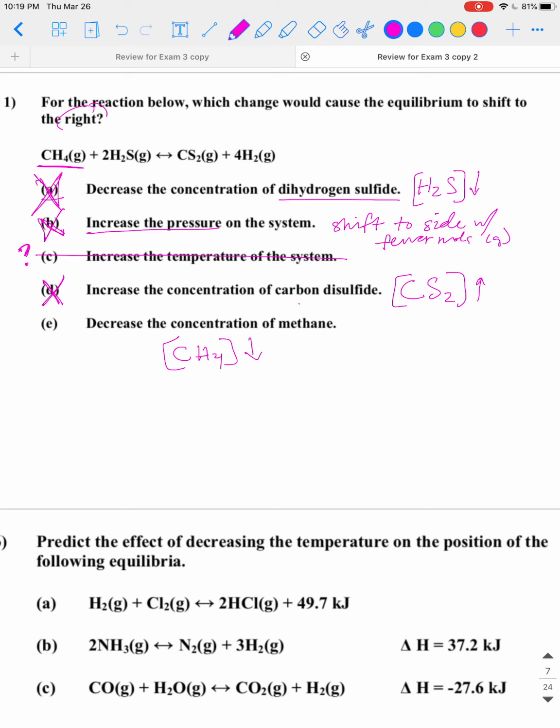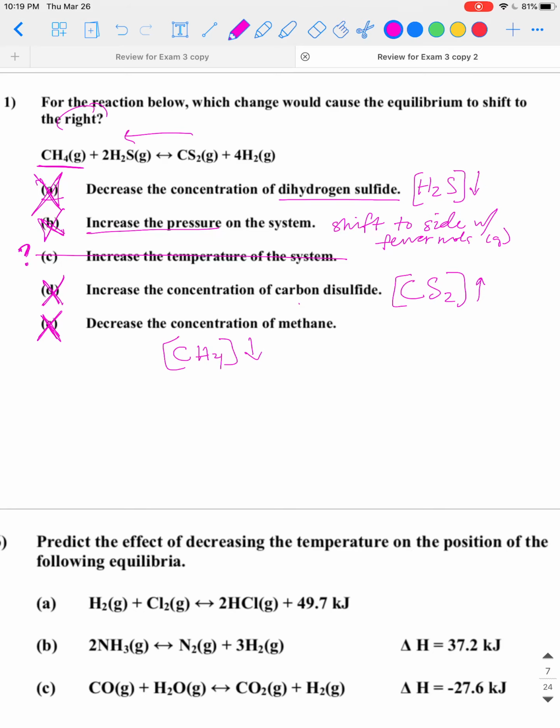We decrease the concentration of methane, we are going to cause a shift back towards the reactants so that we will replace the thing we take away. And that's going to cause a shift left. So, nope, it's not E. Maybe it would have been C, but we don't have enough information to actually answer that.